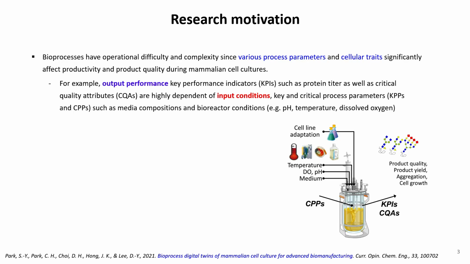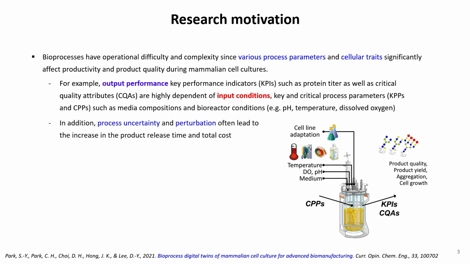For example, output performance, such as key performance indicators like protein titer, as well as critical quality attributes, are highly dependent on input conditions such as media compositions and bioreactor conditions such as pH, temperature, and dissolved oxygen. In addition, process uncertainty and perturbation often lead to an increase in product release time and total cost.